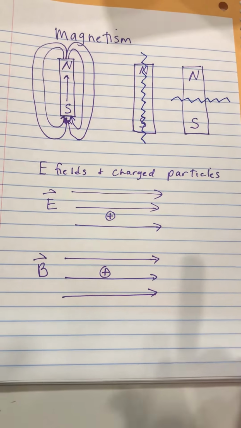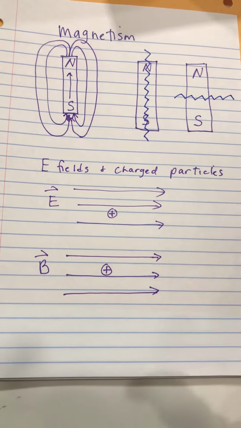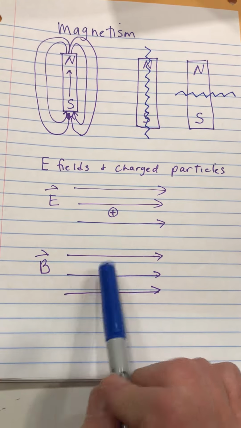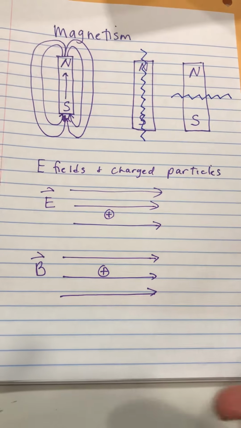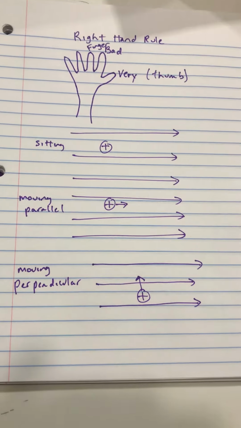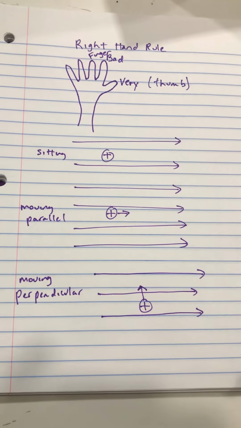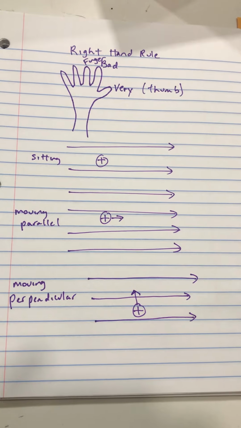Okay, magnetic fields and charged particles are a little bit different. So the thing is, a charged particle does not necessarily do anything in a magnetic field. So I think on the next page, I have 3 examples here, and then the right-hand rule. So here's the deal. There are a bunch of right-hand rules, and you can learn it whatever way you want.